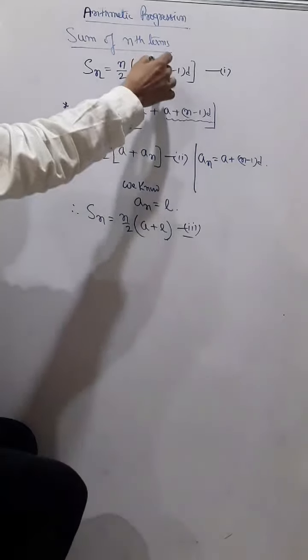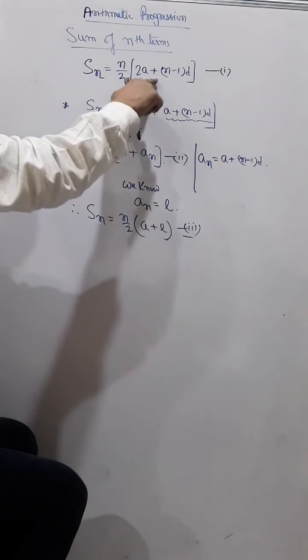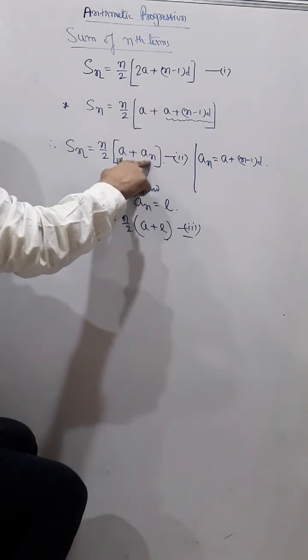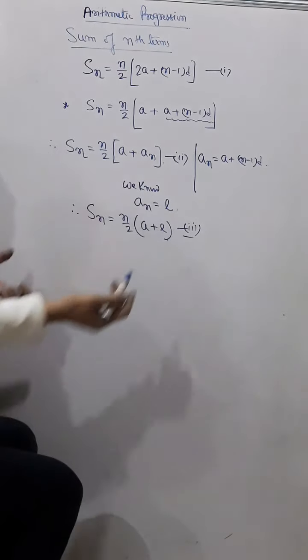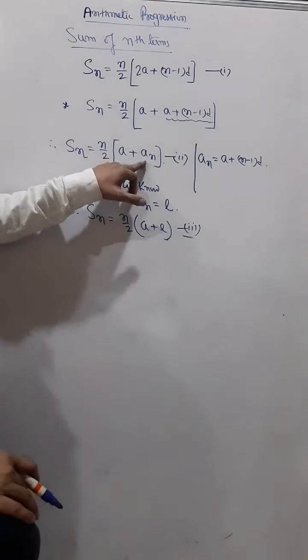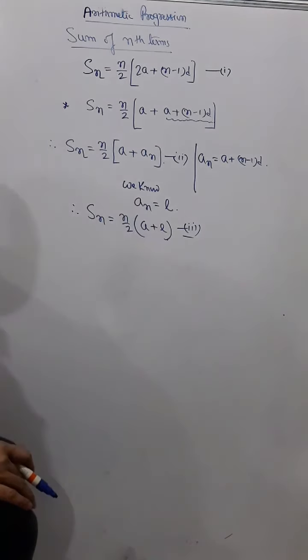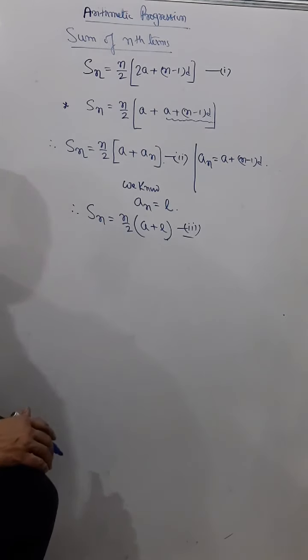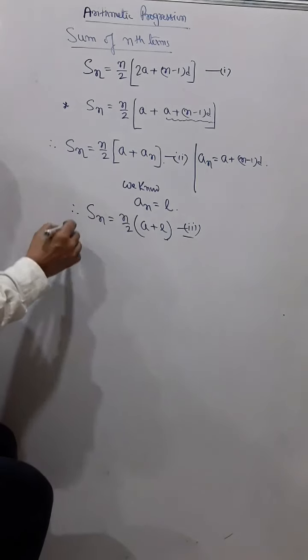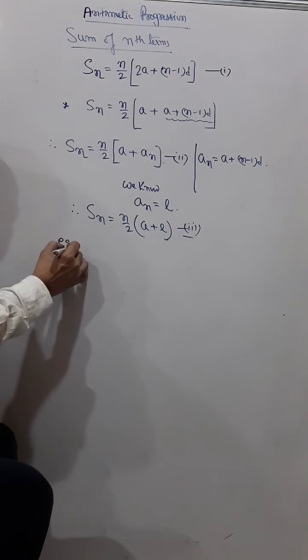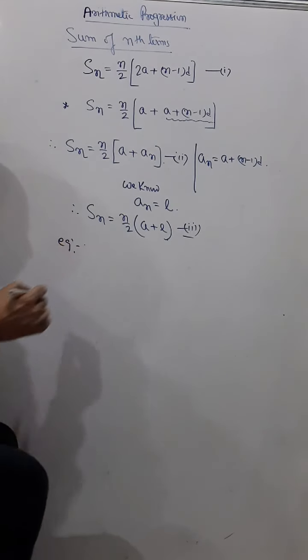In fact, these are the two formulas; we can use either one depending upon the condition. And an also means L, so instead of an we can write L, the last term. Now you can understand if I explain with a simple example.